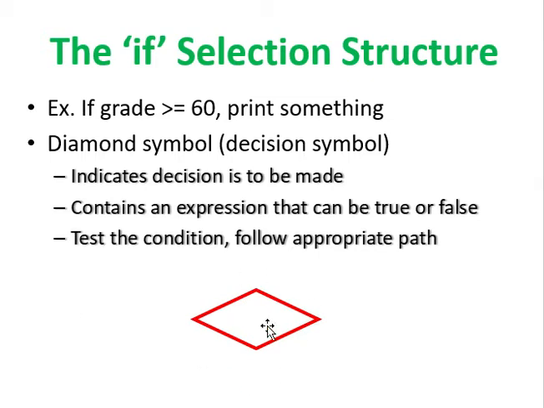Here is the diamond symbol, in other words the decision symbol, which is used to decide if the grade is greater than 60, then print maybe F grade, or maybe D grade, or whatever decision you have to mention according to this statement. Simply, this expression can produce the result in the form of true or false.